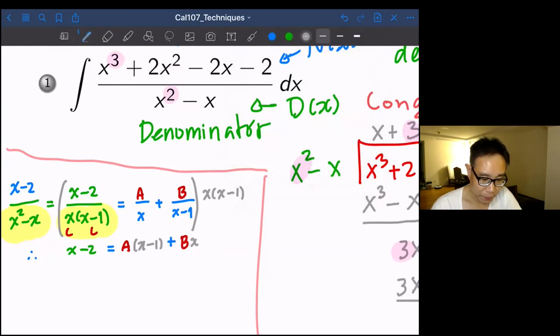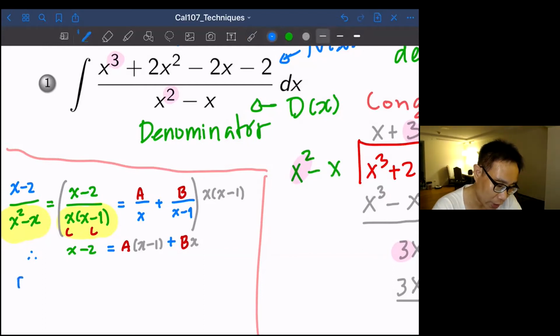Okay, and then in order to solve for a and b, what we're going to try to do is plug in x such that we can eliminate a or eliminate b. So we put x equal to the number that eliminates a or b.